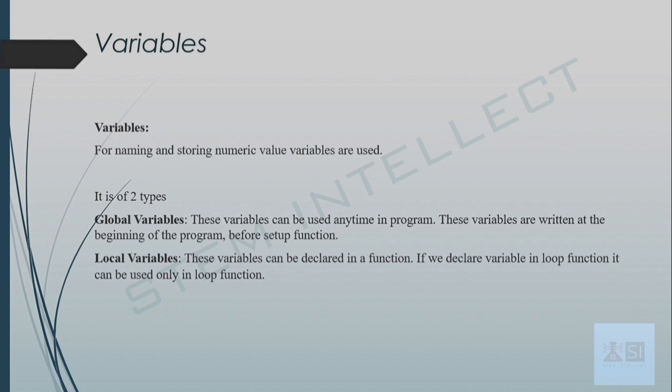These variables are written at the beginning of the program, just above the setup function. Local variables are declared within a function. If we have declared a particular variable in the loop function, it can only be used in the loop function. We can't use it in some other function. It can be used only at the place where it has been declared, within the function.